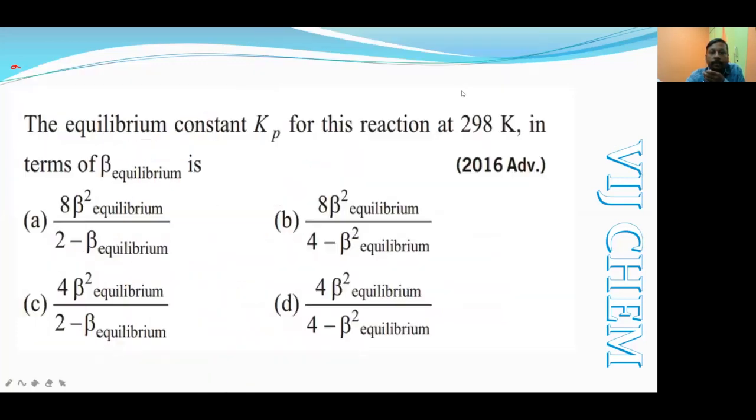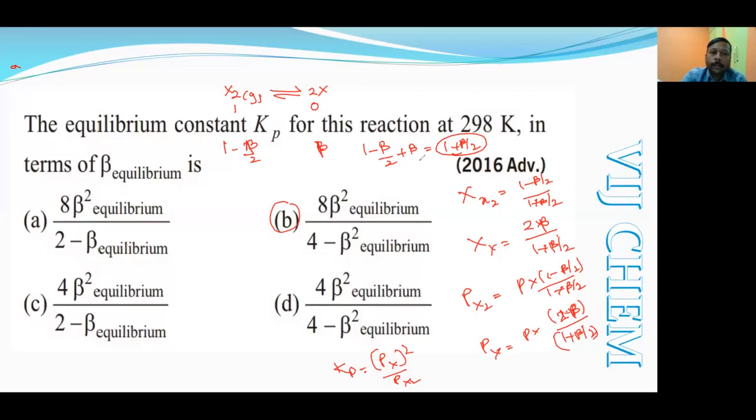This is question number 1, 2016 advanced question. See here, very simple. Let us take initially 1 mole. Okay, so 1 mole and 0 mole. So 1 minus beta by 2, okay, this will be beta. So total number of moles, if I add both of them, total number of moles at equilibrium will be 1 plus beta by 2. Okay, then mole fraction of X2 is equal to number of moles of X2 divided by total number of moles.